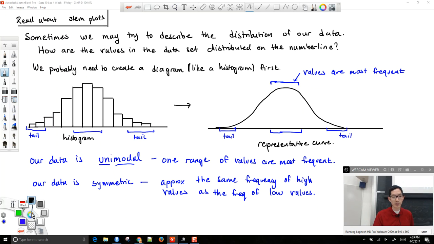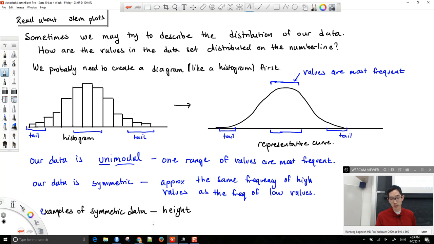And so maybe examples of symmetric distributions would be height, and IQ scores. Also SAT scores are designed to be symmetric in that most people are in this average height or average SAT score or average IQ score.